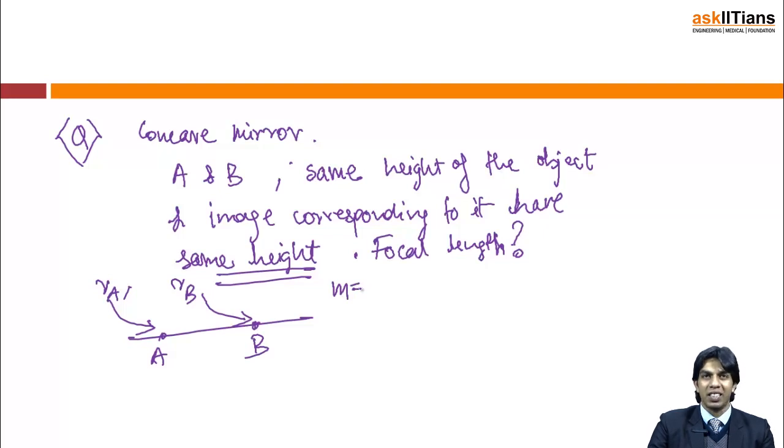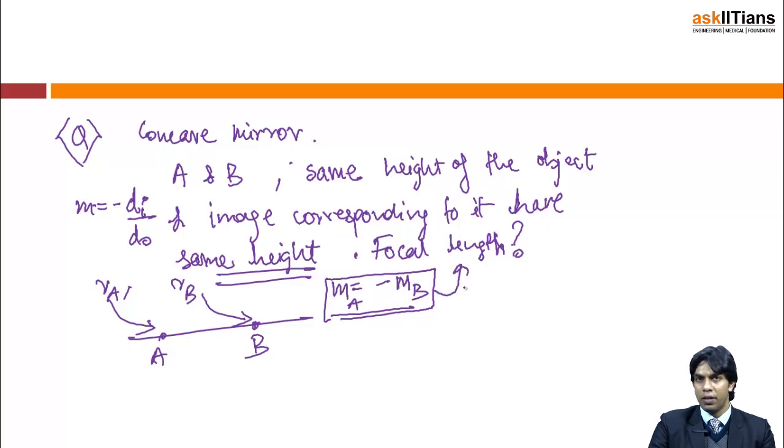If the magnification is exactly equal, then according to magnification, which is minus di by do, I will end up getting the image at the same point. So A would be equal to B, but it's specifically given that A and B are not the same point. So it means the magnification at A is exactly opposite to the magnification at point B. Using this condition, we have to find the focal length.